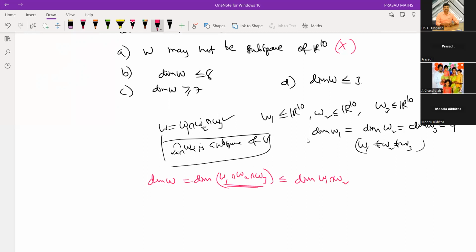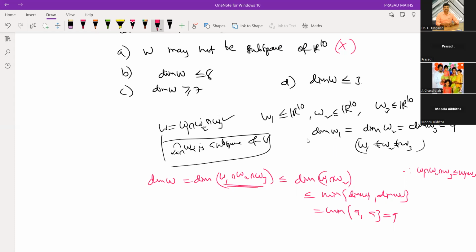Therefore, this is always less than or equal to dimension of W1 intersection W2. But dimension of W1 intersection W2 is at most minimum of dimension of W1, dimension of W2, which is minimum of 9, 9. Minimum of 9, 9 is 9. But your option is 8.